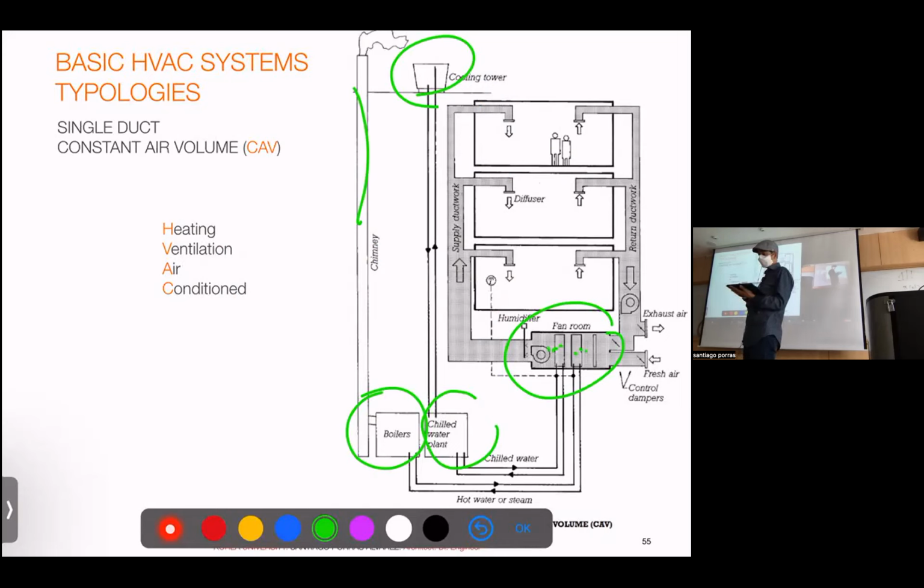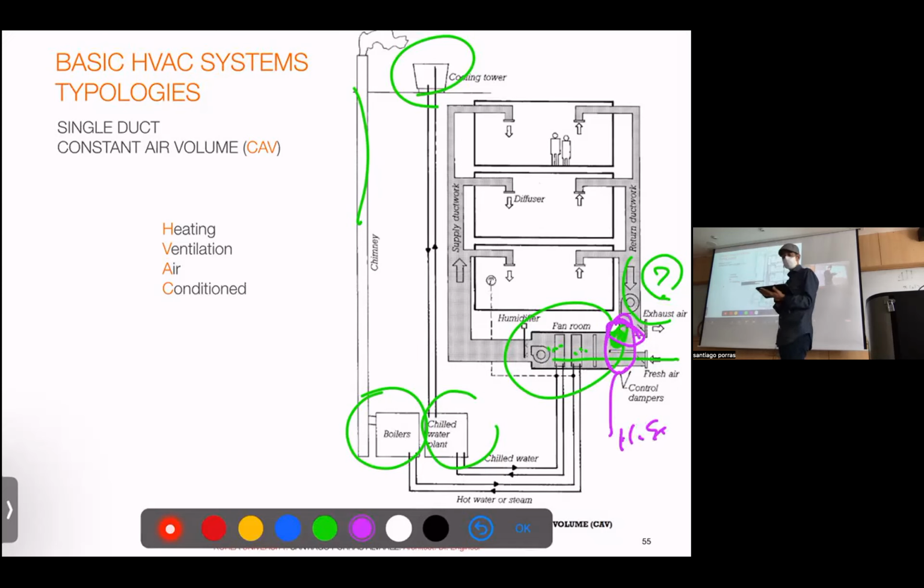In this case, you see we have fresh air, exhaust air, and we have the mixing damper, right? There's something which I would question. I wouldn't use it anymore, although this is an edition of quite recent book. So here we would put the heat exchanger, right?